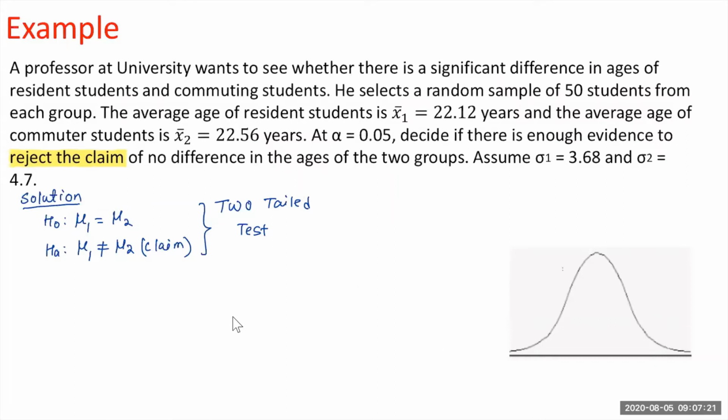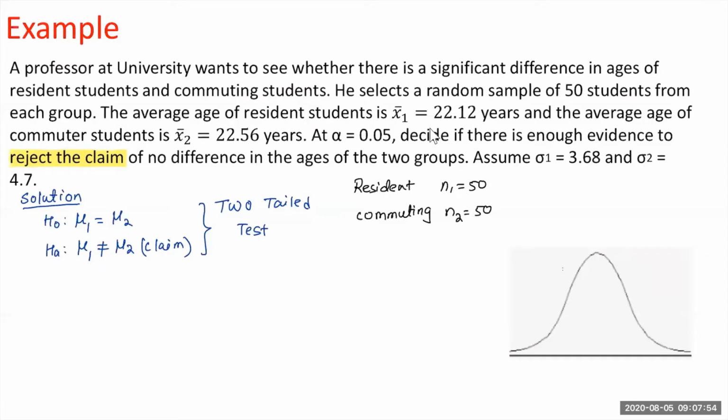We have the information about the resident student and the commuting student. So let me write here, resident student and commuting student. We have two groups of students, two different samples. And what is done here is he selects a random sample of 50 students from each group, meaning n1 is 50 and n2 is also 50. 50 students from each group.